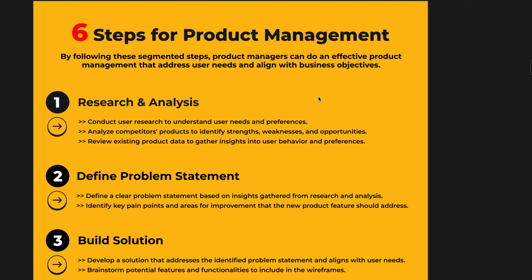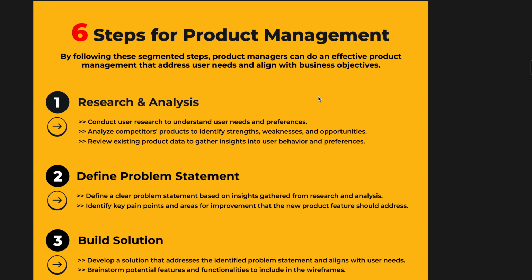When you are building a solution, it should align with the user needs which you have identified in the research. It should not digress from the problem statement which was already identified. So you will have to develop a solution which aligns with the user needs and the business objectives maybe.